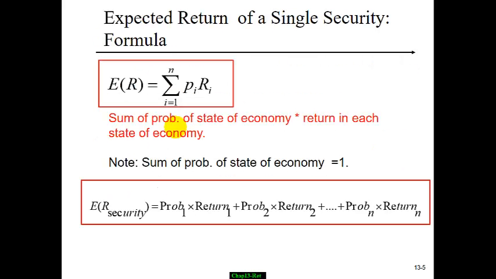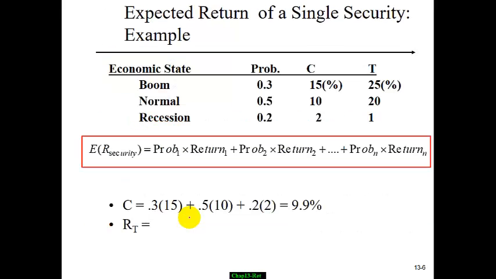To find the expected return, we typically consider both the possibility of each future economy, how likely we are to hit a boom or recession, and also the returns under each economy. So let's see an example. To find the expected return for C, for each economy we use the probability, 0.3, a 30% chance we hit a boom, multiplied by the stock return of 15% under this economy.